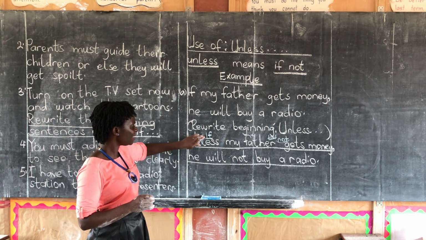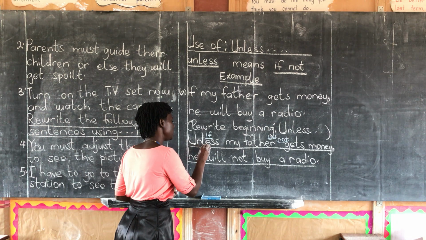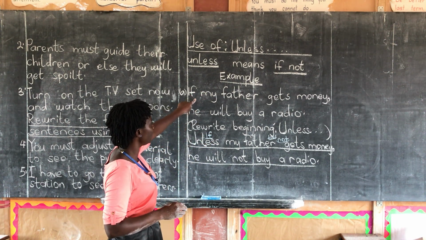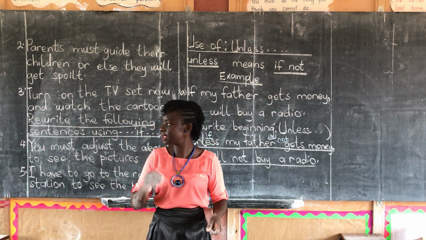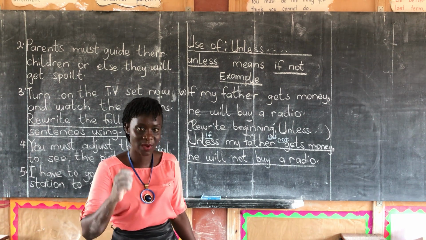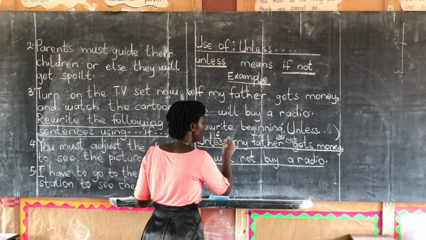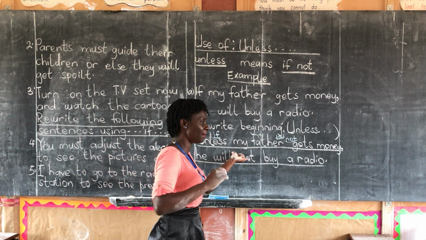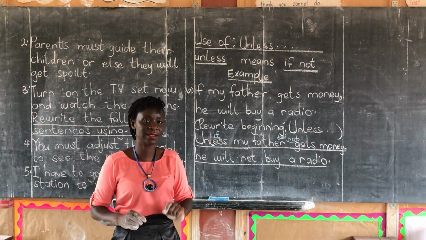Okay? Does this meaning bring out what we have here? The question says, if my father gets money, he will buy a radio, meaning that if he does not get it, he will not buy the radio. Therefore, when you try out this and find that it brings out the same meaning as what is given in the question, then your answer is correct.